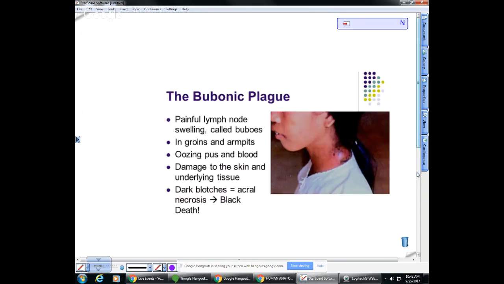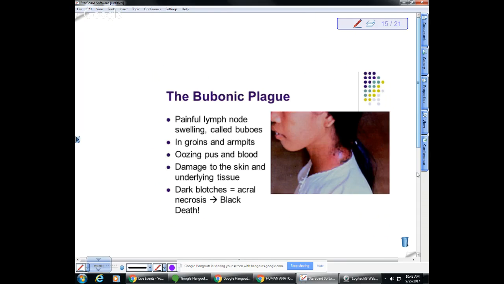Okay, so bubonic plague is an interesting example of a disease where you get infection of the lymph nodes. And the reason why it's called bubonic plague is that the swelling of the lymph nodes is called buboes, right? So this is the plague back in the middle centuries of European history that killed off about 1/3 of all Europeans.